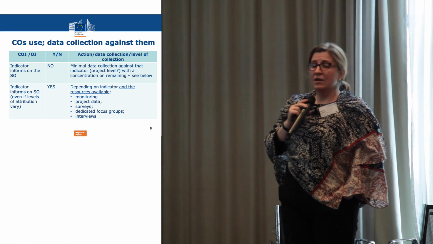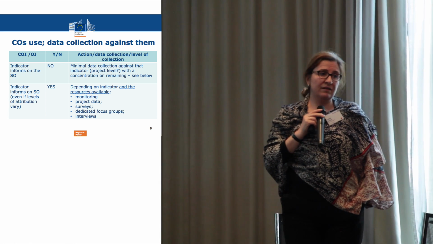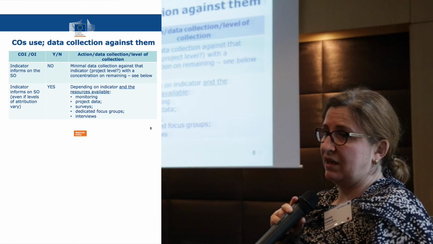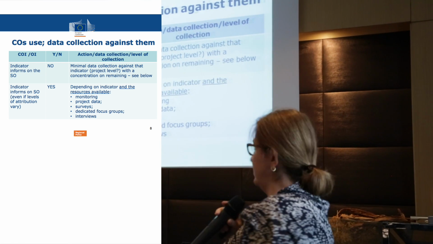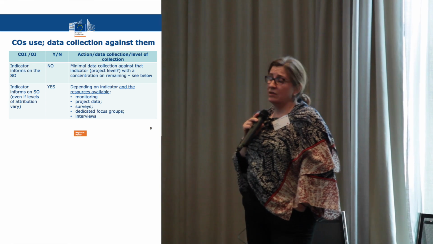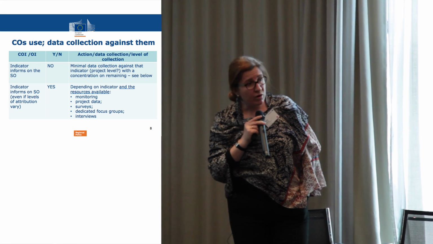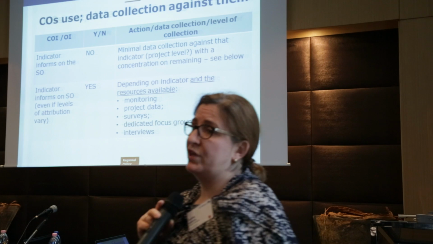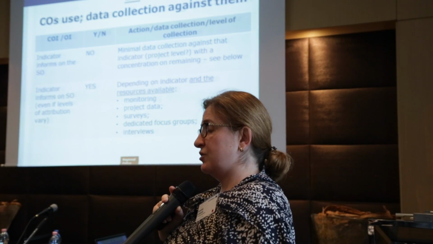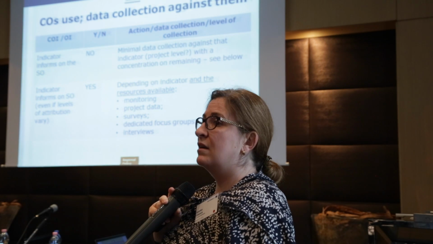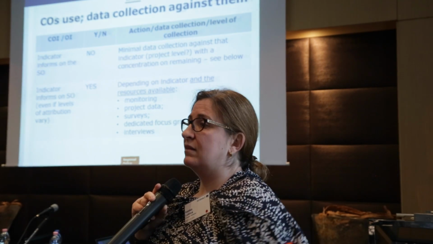So what do I do? I don't get bogged down in data collection at project level or program level. I don't get bogged down in creating time series. I just do a minimal collection of that indicator. Or if I plan a program modification, then I also plan to include this change.